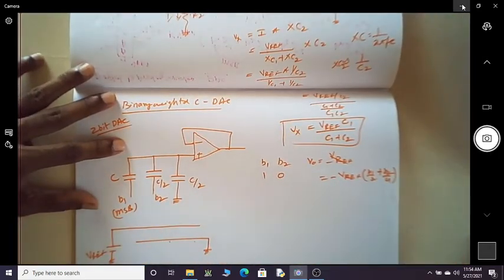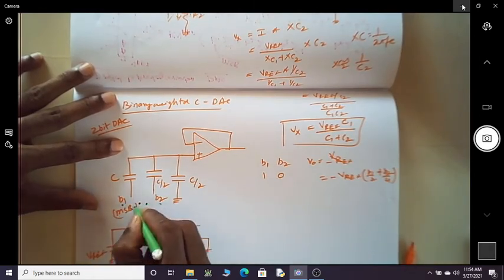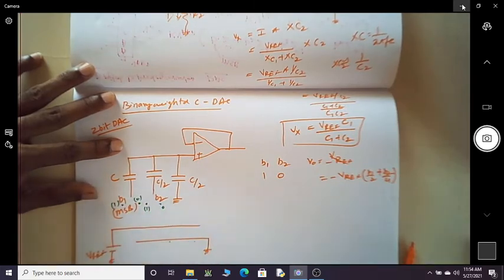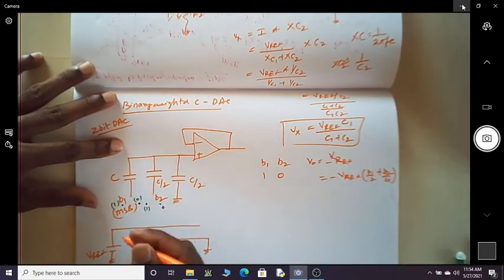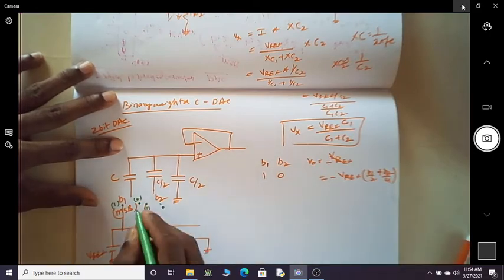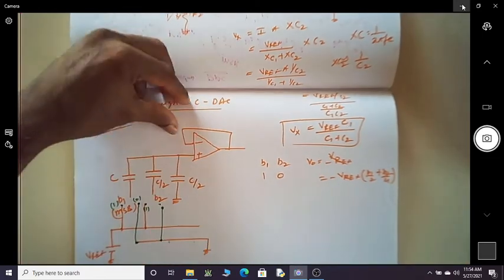Let us have all 1s be connected to the reference, and let all zeros be connected to ground here. Okay, this is the reference.